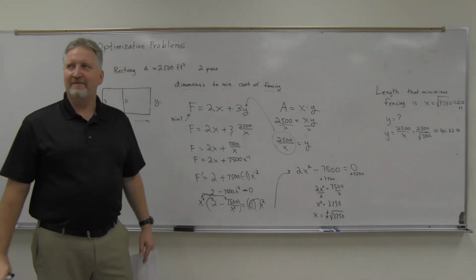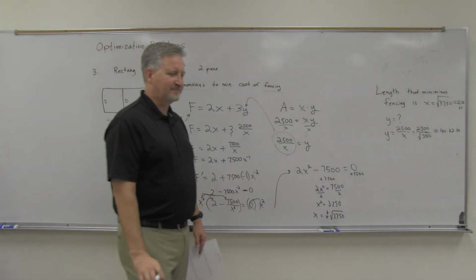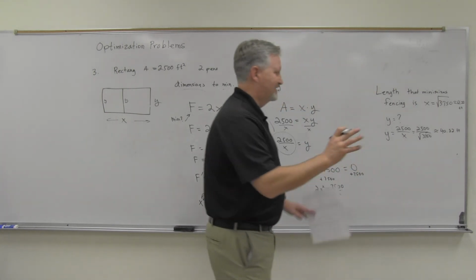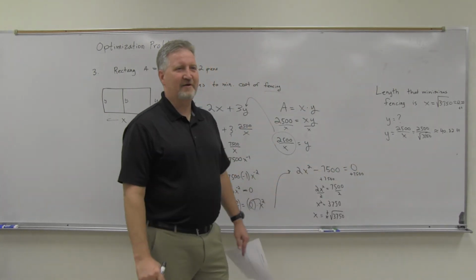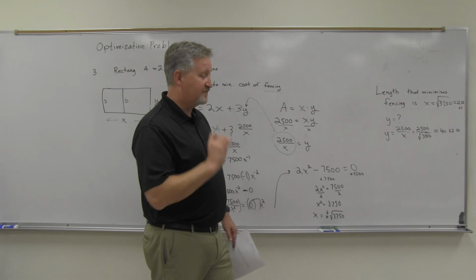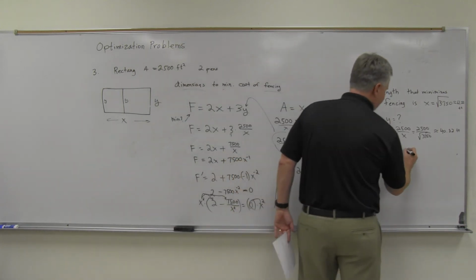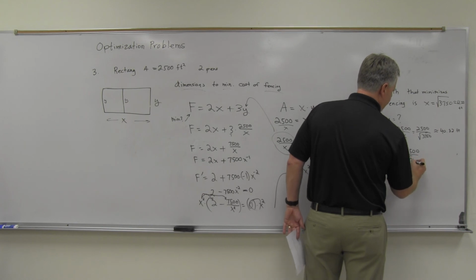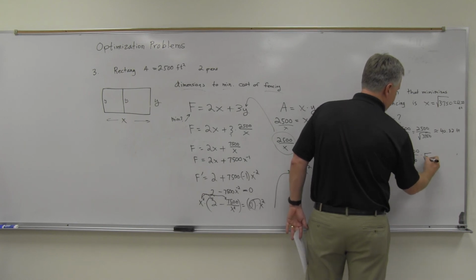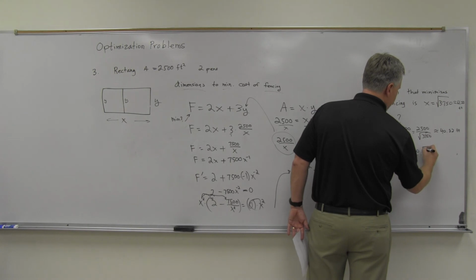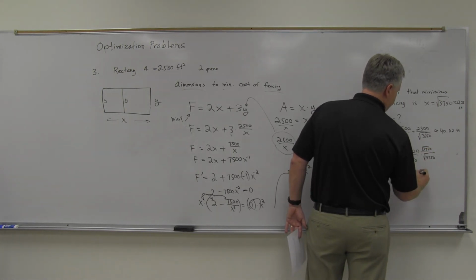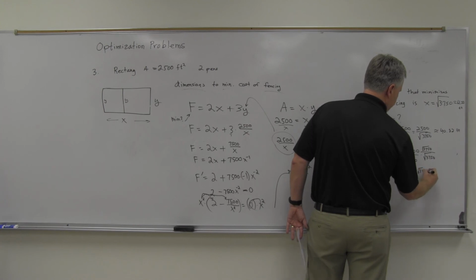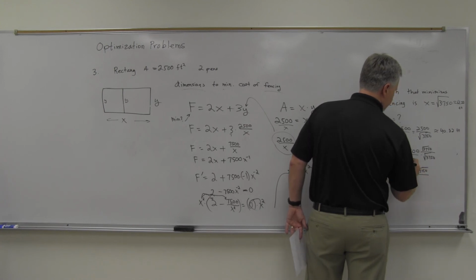Now, one other thing, let me show you here, just FYI, and that's perfectly fine. That's probably how I'd have you give me the answer. But notice here, a little alternative form of this y. If I multiply by the square root of 3750, top and bottom, I get 2,500 times the square root of 3750 divided by, it'll just be 3750.